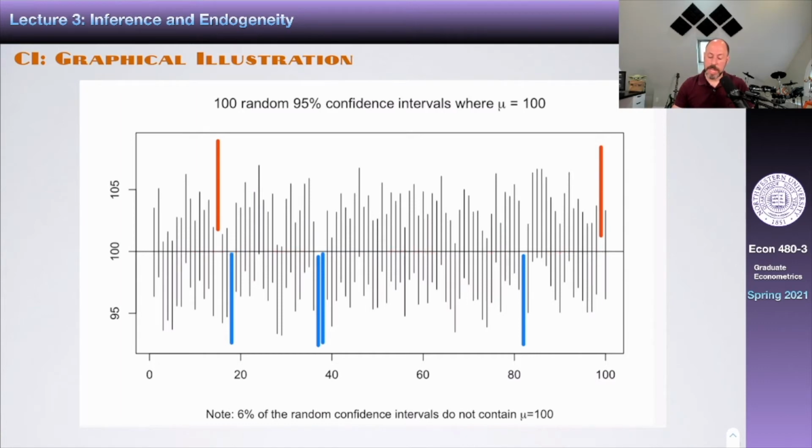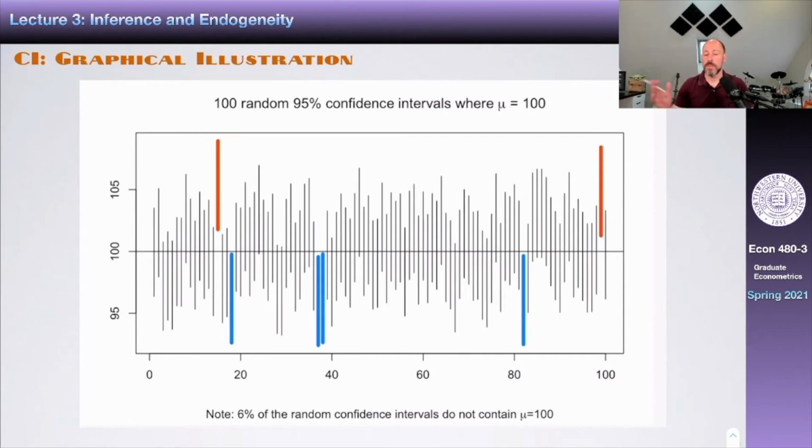So what does it mean? Just to clarify, a 95% confidence interval means that if you manage to look at all these possible confidence intervals that you can get with different samples, you're guaranteed that, say, at least 95 of them are going to include the true value, which happens here. All the ones that are black include the horizontal line, but there are a couple of them, these red ones and the blue ones, that do not include 100.